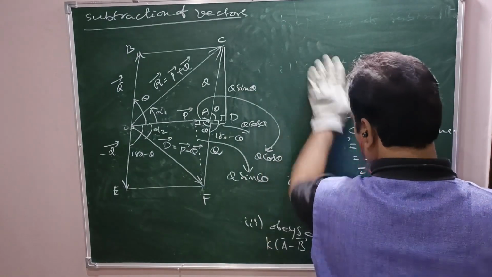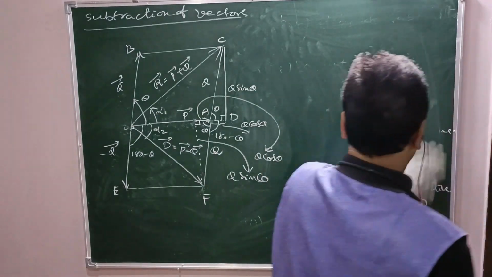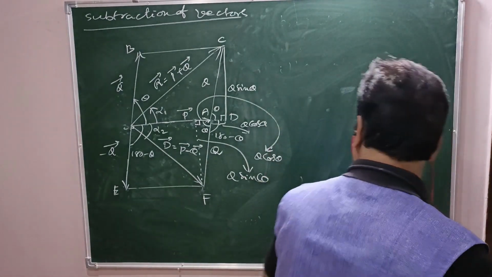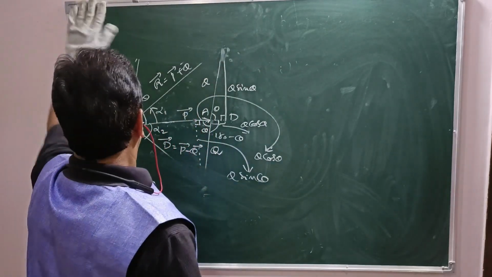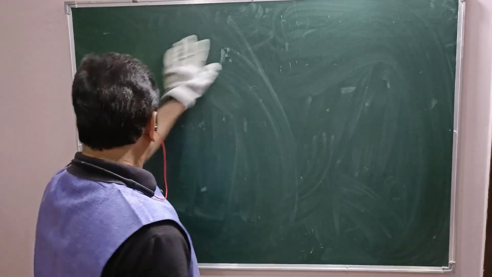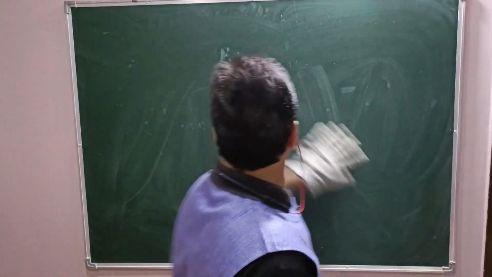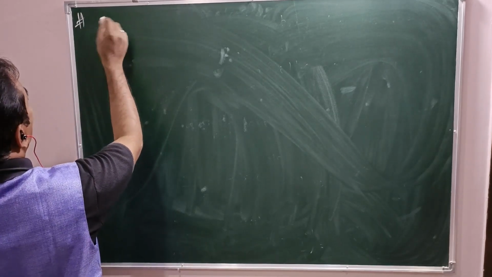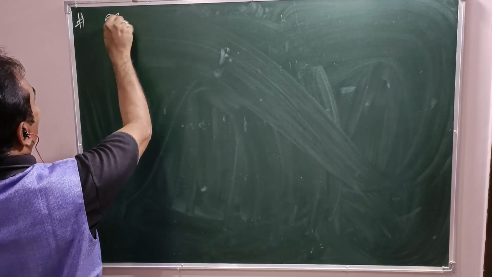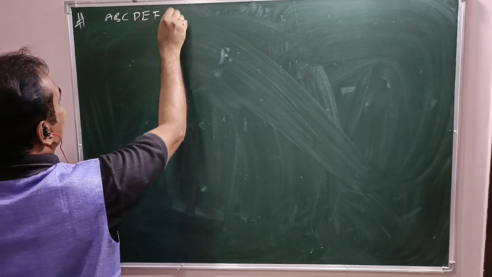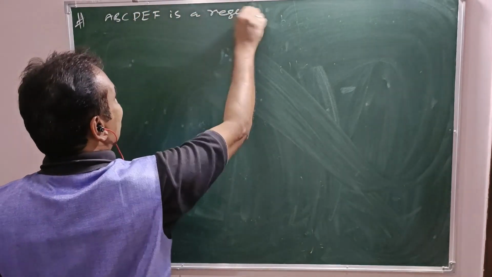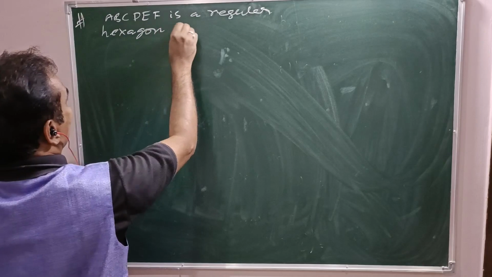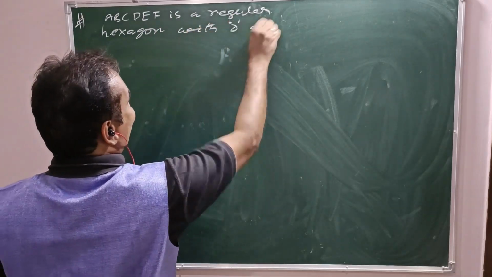Now coming to one numerical. Regular hexagon sum, very very important. A, B, C, D, E, F is a regular hexagon with O as center.